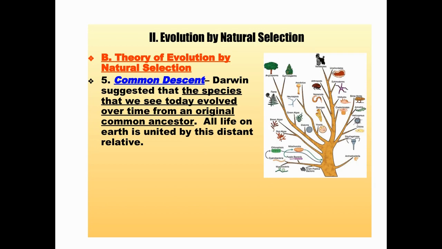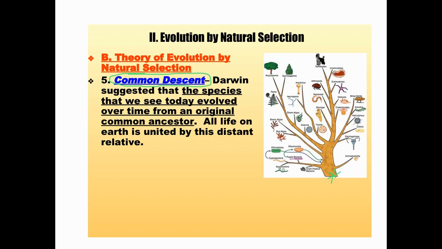All right, so the last of Darwin's principles of evolution by natural selection, he believed in something called common descent, which basically means that all life on Earth, we're all related to each other. We all started at the bottom of the tree. We all came from a single-celled organism that was on Earth about 3.7, 3.8 billion years ago.